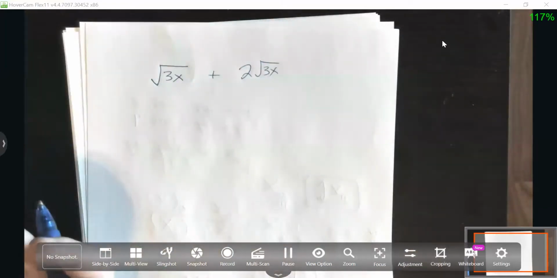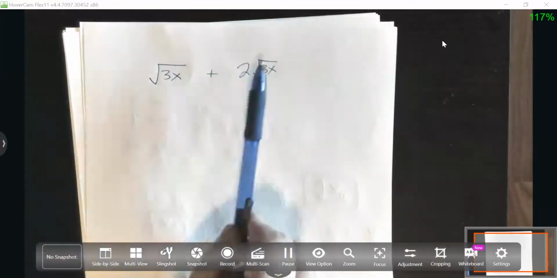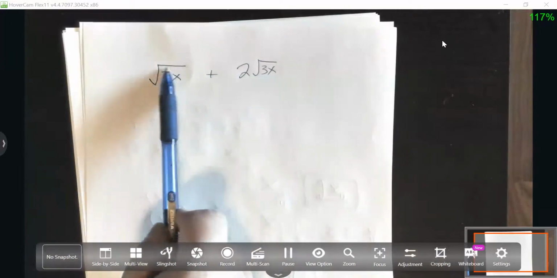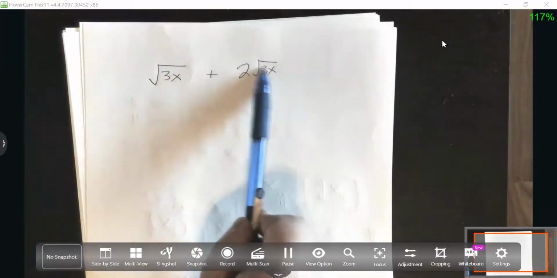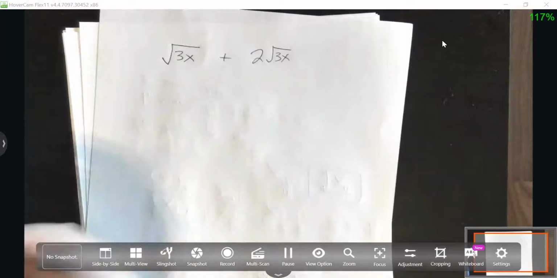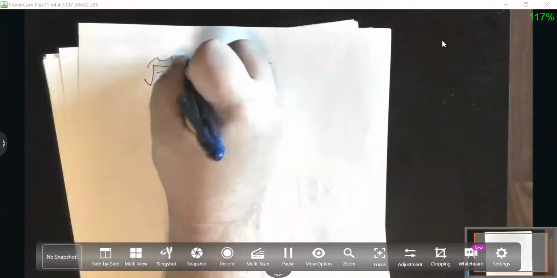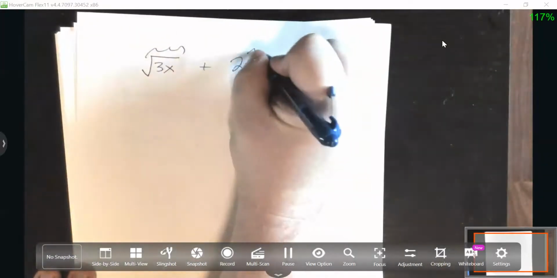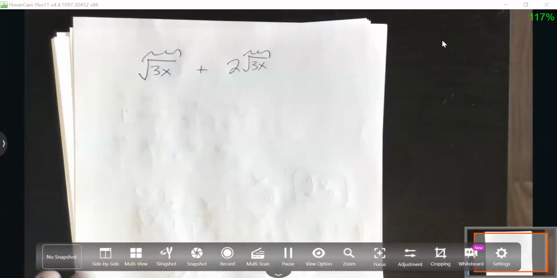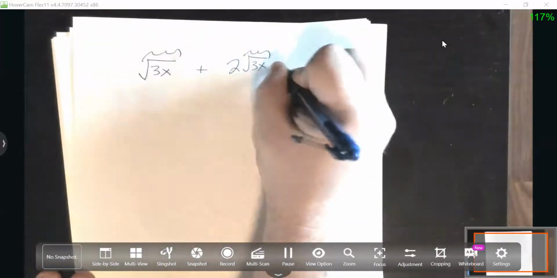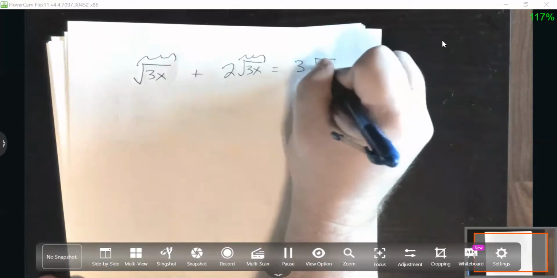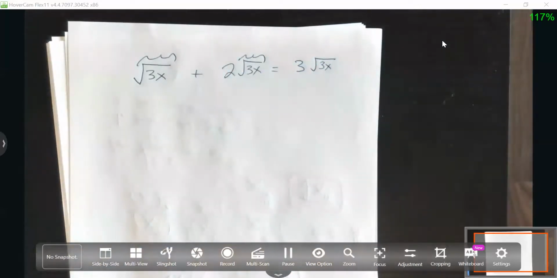Okay, so we check for like terms: same index root, yes. Same exact things inside, yes. So these are like terms. We have 1 something plus 2 somethings. 1 plus 2, this would be 3 of those somethings. That would be combining with like terms.